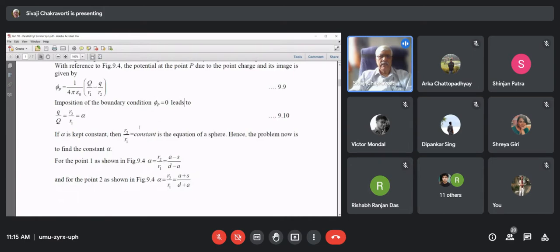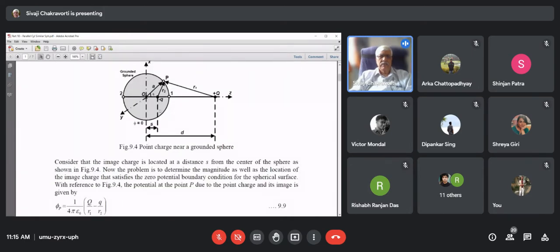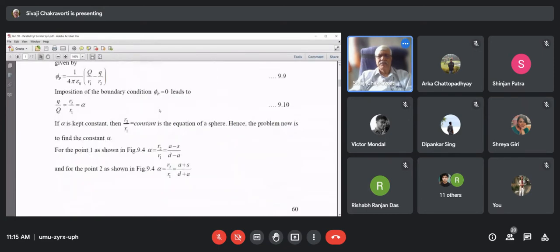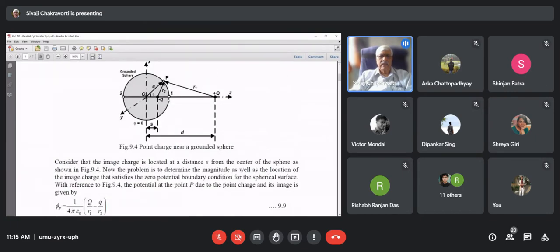That R2 by R1 is equal to constant, with respect to this diagram, figure 9.4, is a sphere. So therefore, the problem now is, how do I find this constant alpha, so that this spherical surface is equal to the sphere of radius A, which is our grounded sphere.